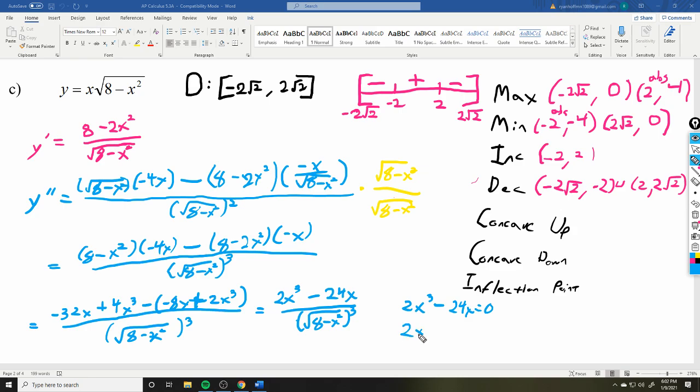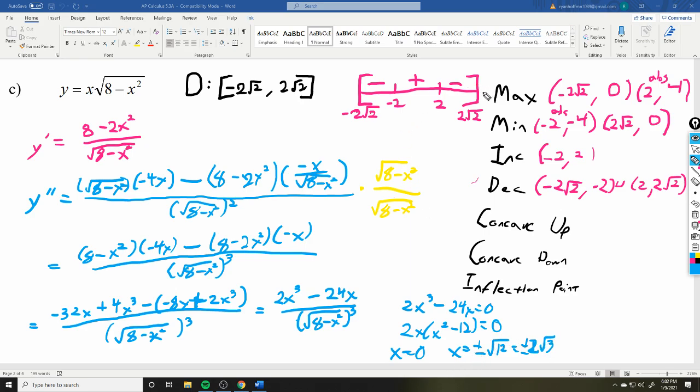Well, we can take out a 2x, and we're left with x squared minus 12. So we get x equals 0 here, and then x equals plus or minus square root of 12, or plus or minus 2 square root of 3, if you want to simplify that down.